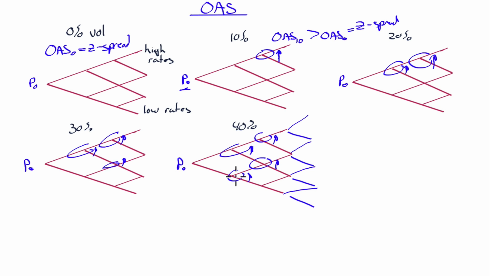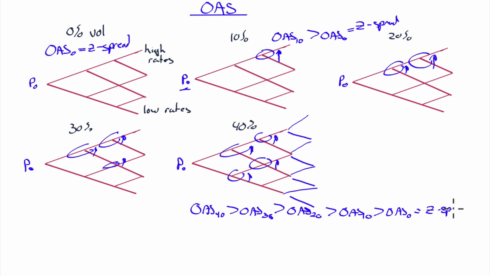And I'm going to skip all of this and go right to this one and say, clearly here, OAS at 40 must be greater than the option-adjusted spread we need at 30, which would be greater than the option-adjusted spread we need at 20, which would be greater than the option-adjusted spread at 10, which, again, is greater than the option-adjusted spread at 0, which is, you got it, our Z-spread.